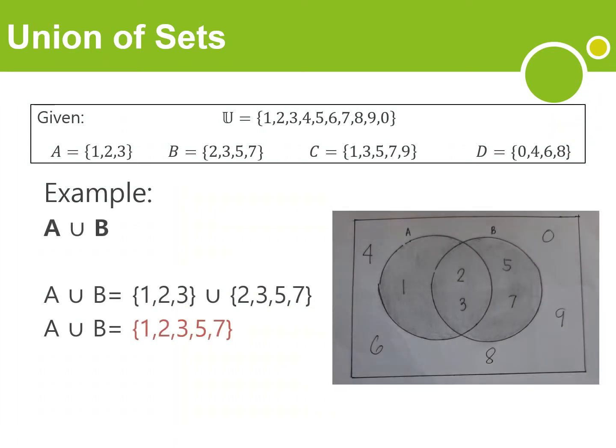Now, from what we solved, this will be our expected answer. This is your solution, 1, 2, 3, 5, 7. And this will be the Venn diagram to show A union B. Again, as I said in the earlier discussion, if possible, it is better to use ballpen on the diagram: the square, circles, elements, and labels. For shading, use pencil so it stays visible which elements are inside the shaded area.